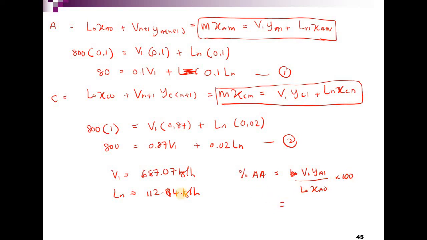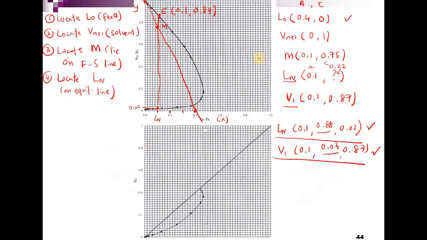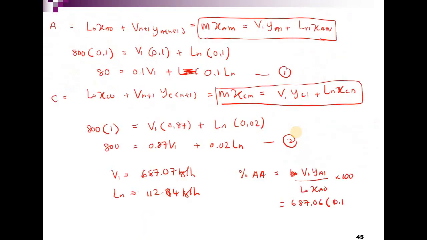V1 is 687.06, you times with YA1, which is 0.1, if I'm not mistaken, 0.1.